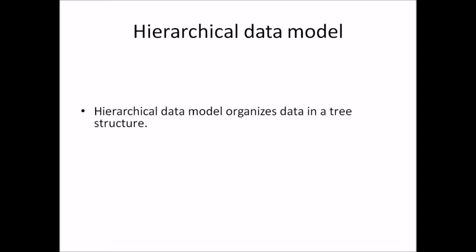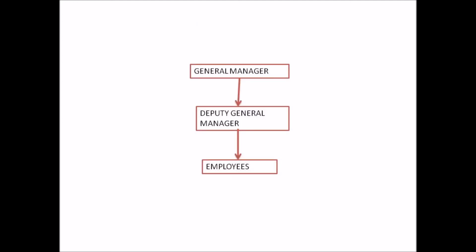Hierarchical data model. Hierarchical data model organizes data in a tree structure. Now let's look at an example to understand this concept. This diagram represents an example to illustrate the concept of hierarchical data model. Consider the company's organizational structure.